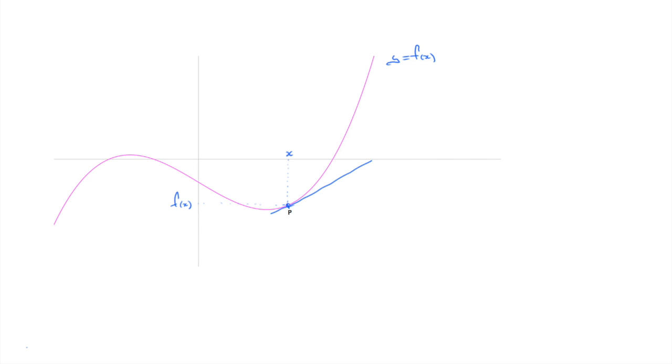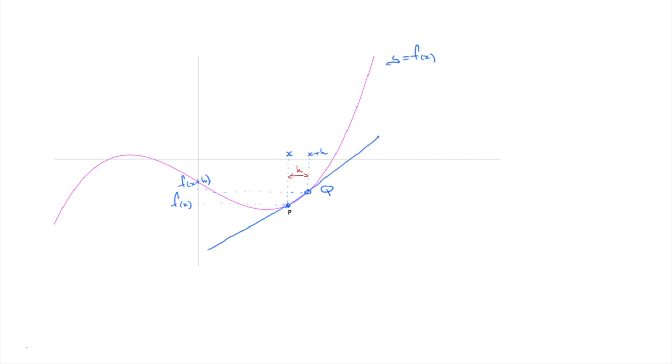And the idea behind this approximation is to use another point along this curve, which we'll call, say, Q. And we're going to use that point to calculate the gradient of the line passing through the 2 points P and Q as an approximation to the tangent to the curve at P. Now, Q has coordinates, we'll say x plus h, where h is the horizontal distance between points P and Q. The vertical coordinate of point Q will therefore be f of x plus h.